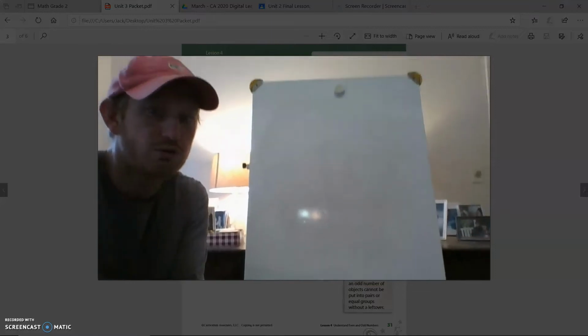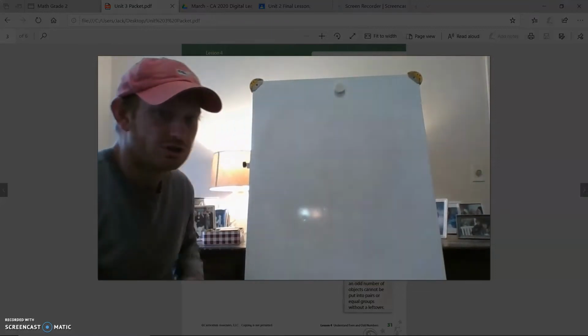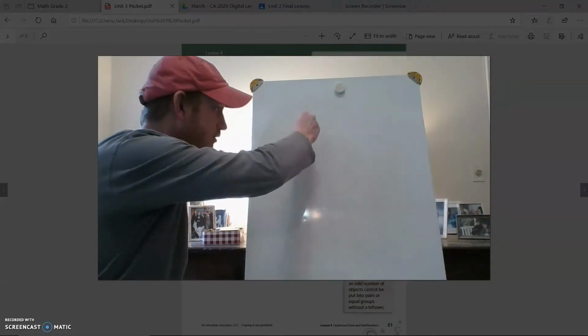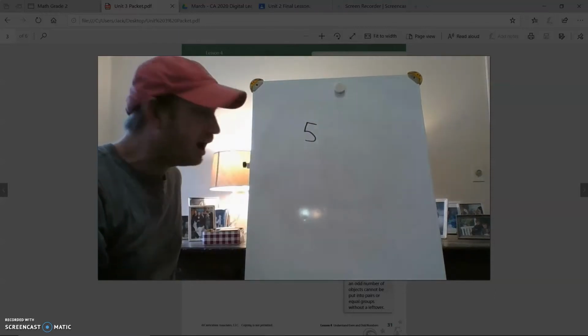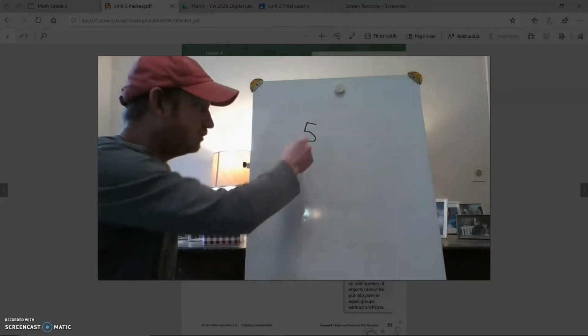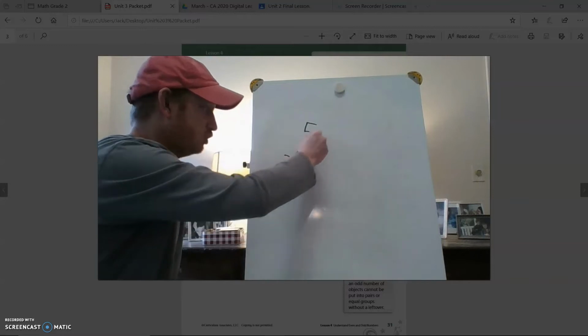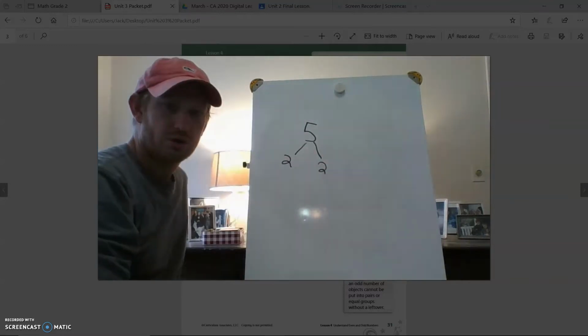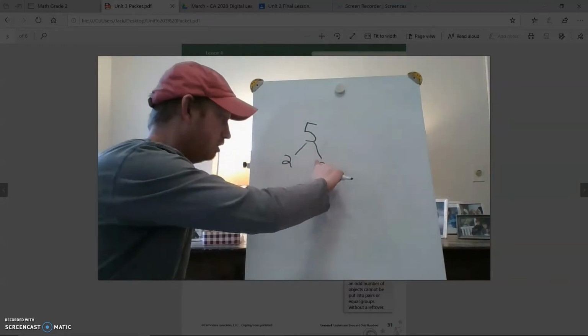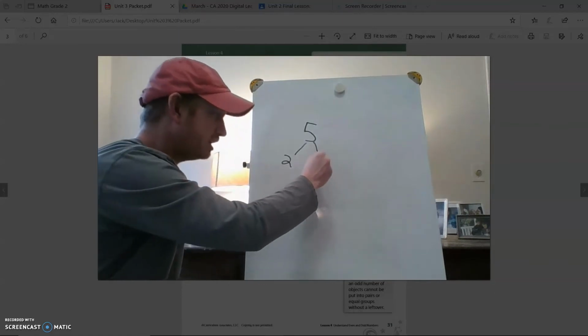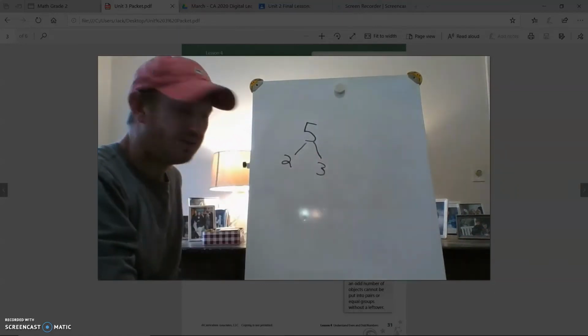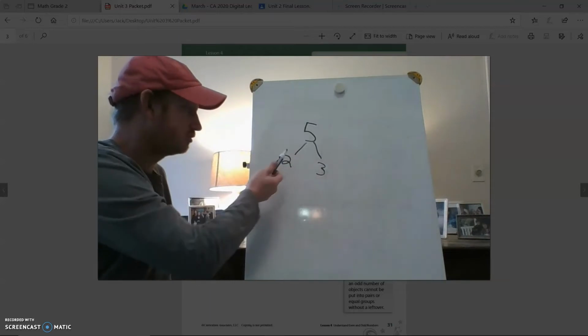Let's do a few real quickly on our own. So if we take the number 5, 5 cannot break down into two even numbers. If we do 2 and 2, we only get 4. If we do 2 and 3, that's 5, but they're not even numbers.